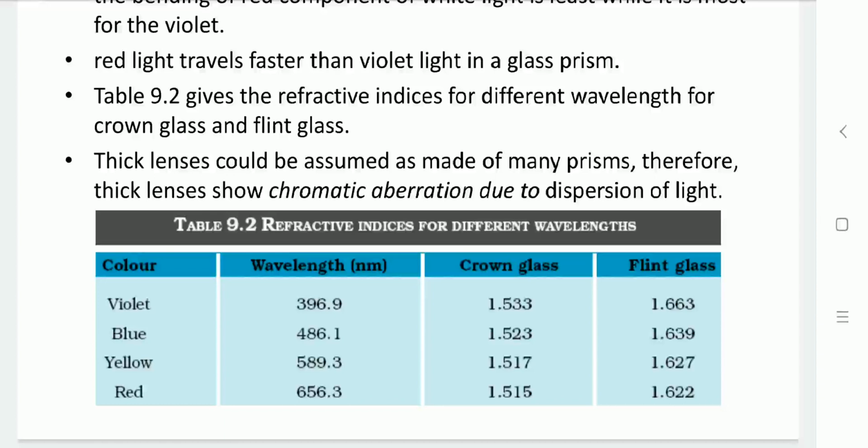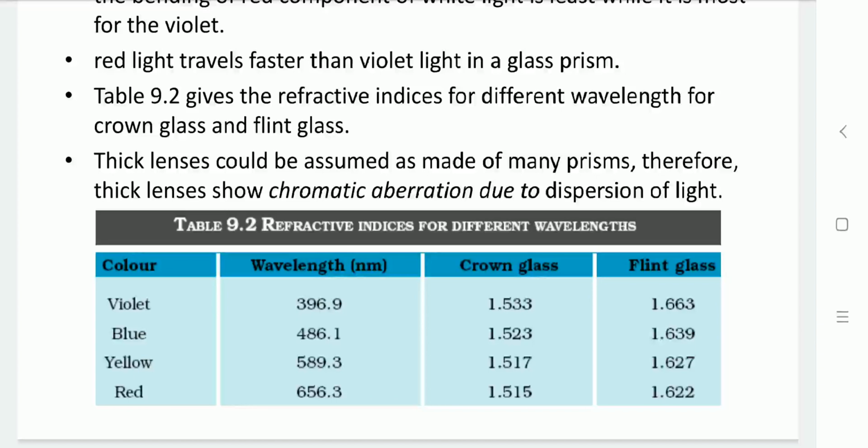Looking at the refractive index of crown glass and flint glass, for the violet color the refractive index in crown glass is 1.533, and in flint glass it is 1.663. For blue color, the refractive index in crown glass is 1.523, and in flint glass it is 1.639.